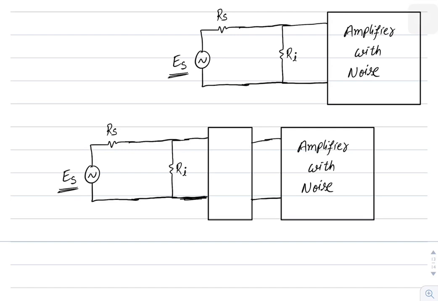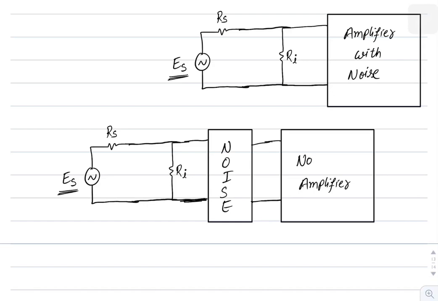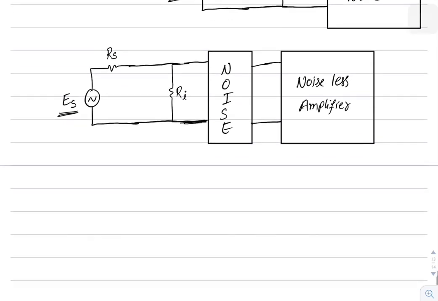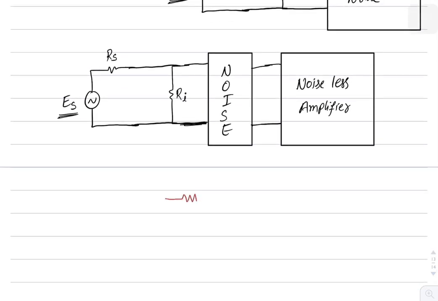I will divide this amplifier with noise into two parts. One is the amplifier, which I can call a noiseless amplifier, and the other is the noise part. We know how to represent a noise. A noise can be represented as a resistance with a noise voltage source.